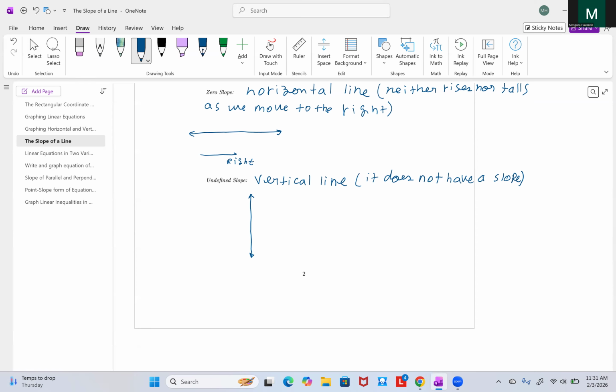When you calculate the slope, it will give you a division by 0 because x2 and x1 are the same, so the difference x2 minus x1 is 0. Division by 0 is undefined. So a vertical line has a slope that is undefined. As we move from left to right, it's just a vertical line in a rectangular coordinate system.